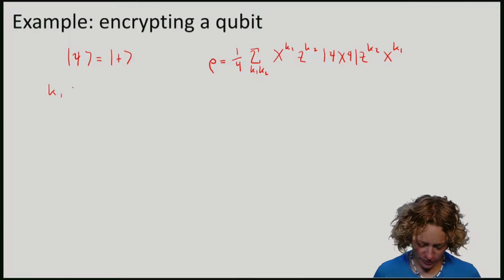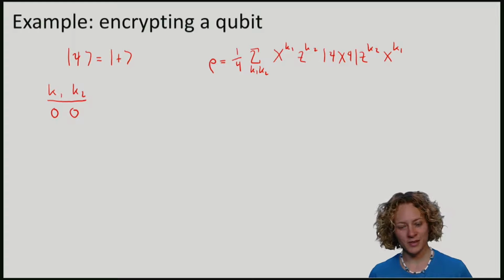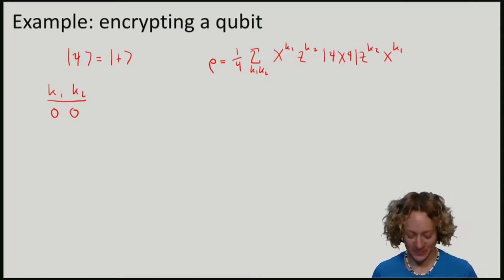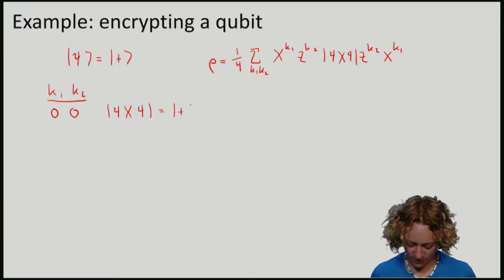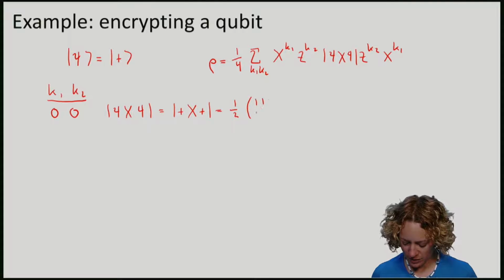So there's 4 possible values for the key, starting with 0, 0. So 0, 0 is very simple, because in this case, we just keep the state psi, which is plus. So we've computed this a few times, and we get that this is half times 1, 1, 1, 1.